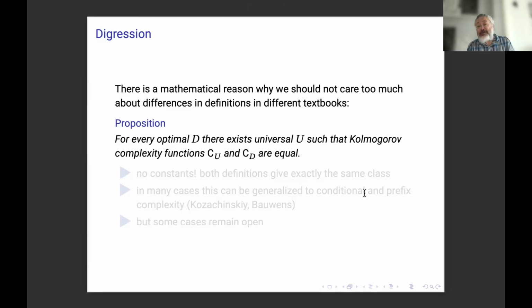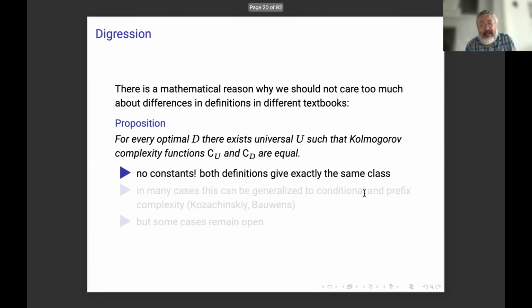If we have an optimal machine, we can just twist it a bit, making it universal and not changing the complexity functions. So in the definitions, there is no constant here. Of course, all the complexity functions differ only by a bounded additive constant term. But here there is no constant. We have just the same class of functions.